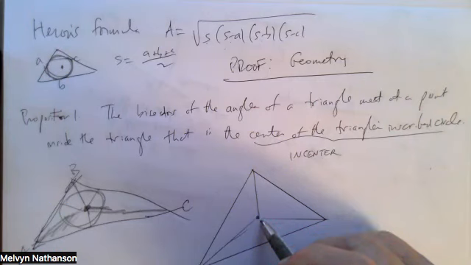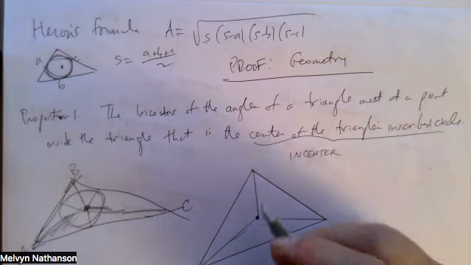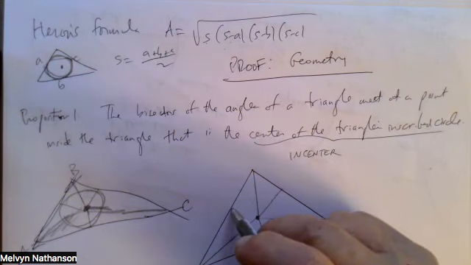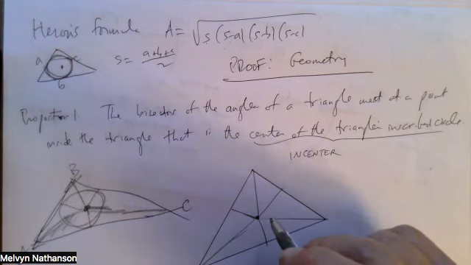So let's say these are the angle bisectors. I claim this point is the center of the inscribed circle.